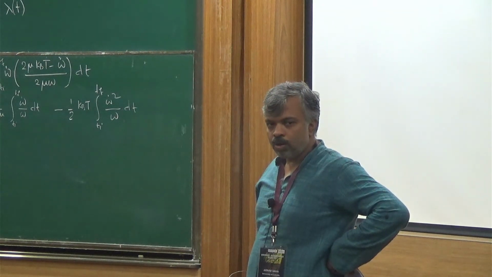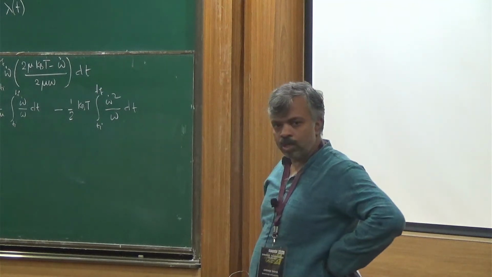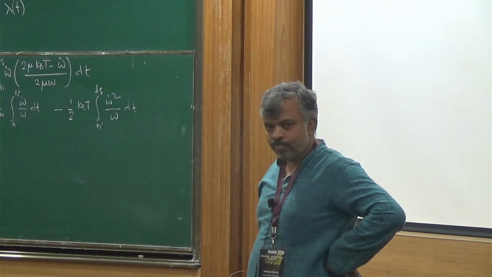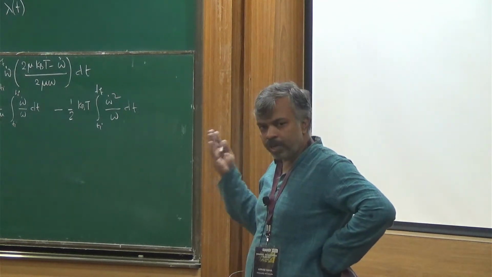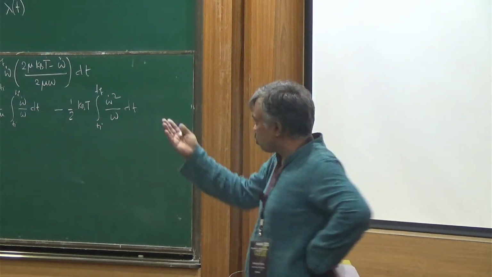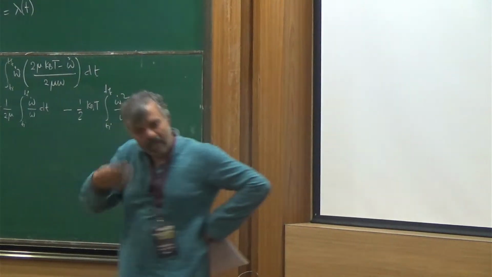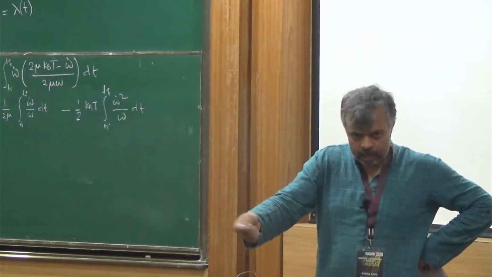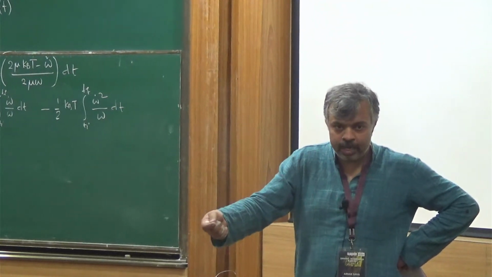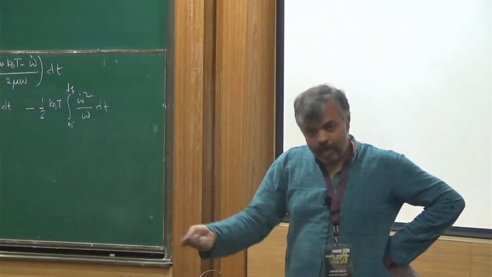Lambda becomes a specific function of time, independent of lambda. So lambda becomes a function of omega. Of course, lambda is in your hand. You have to control it. In experiments you are fixing what your lambda is. You can fix any lambda.